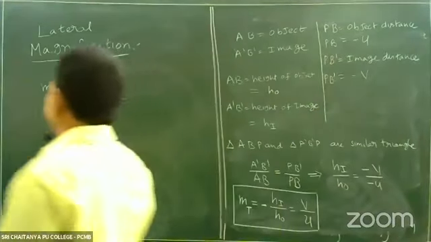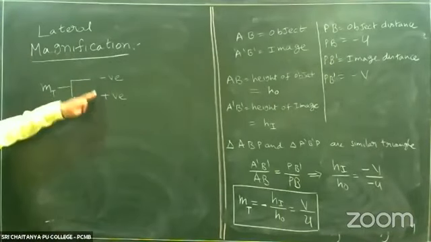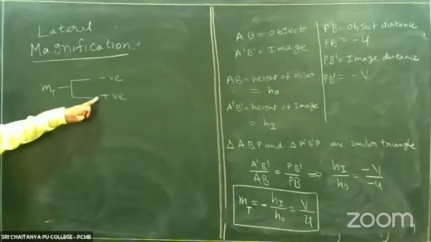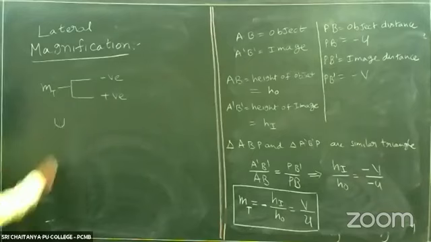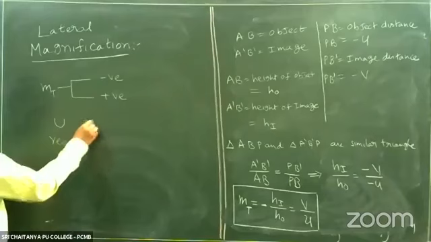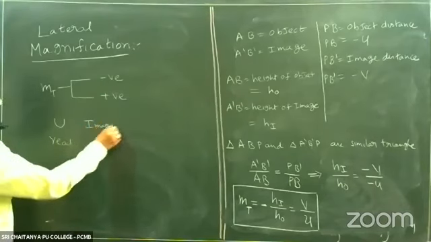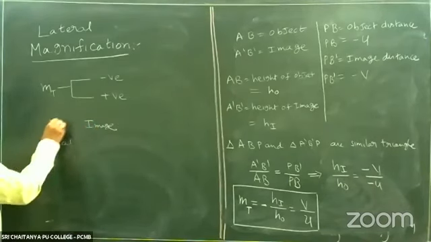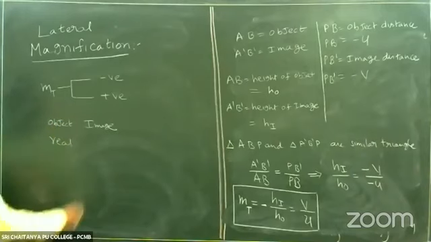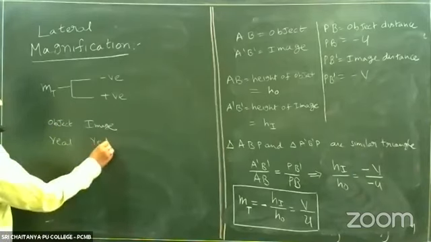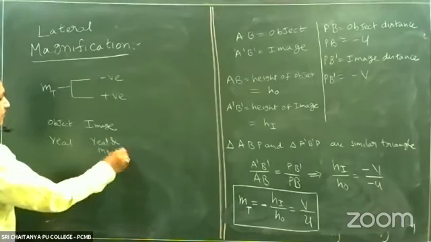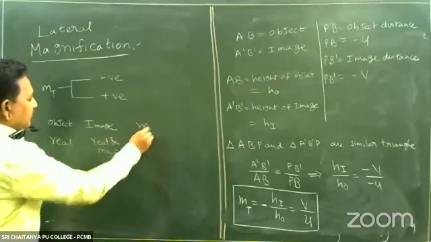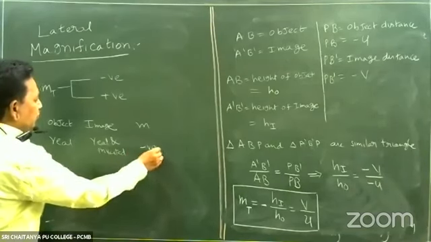When it is negative and when it is positive, we can easily identify. How can we identify? Object real, image also real and inverted. Then what will be M? M is negative.